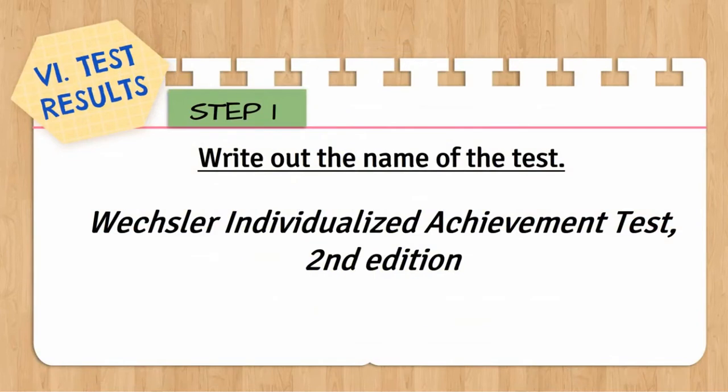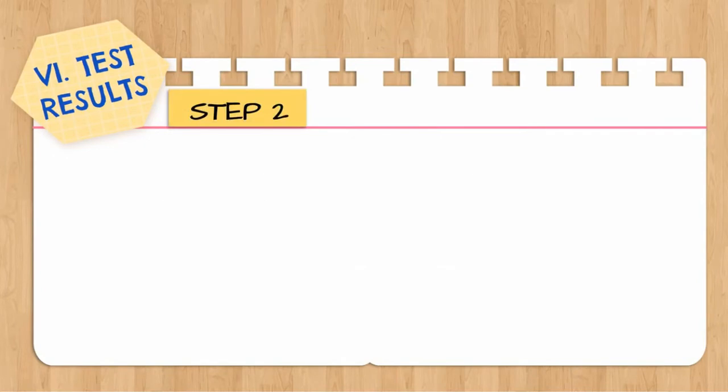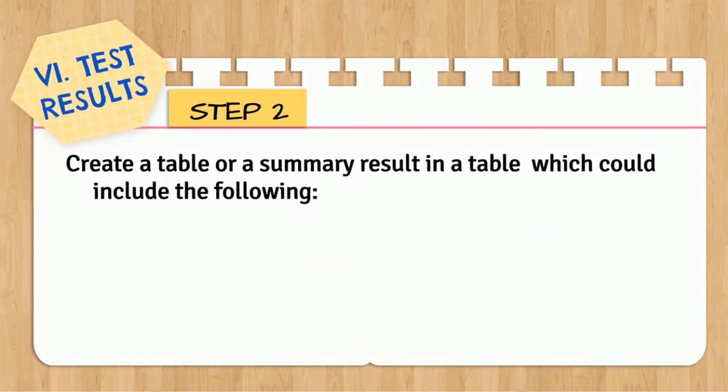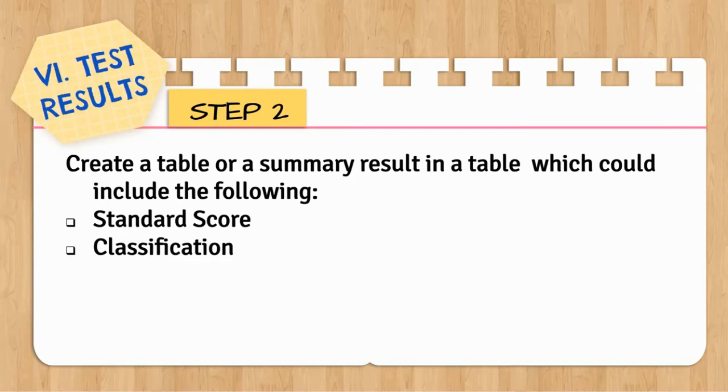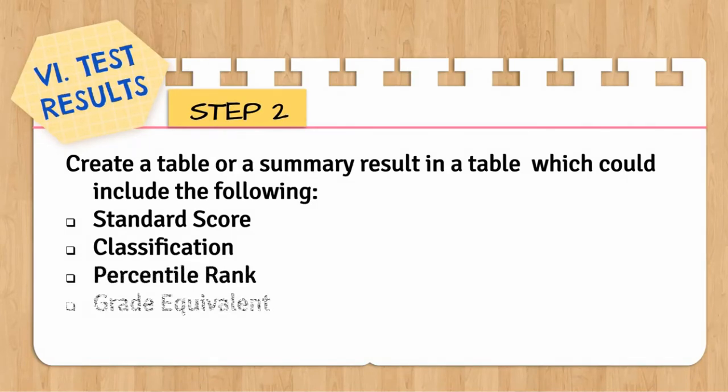Step 1 for writing test results is first you have to write out the name of the test. For example, Wechsler Individualized Achievement Test. The second step is creating a table or a summary of results in a table, which could include the following: standard score, classification, percentile rank, and grade equivalent.